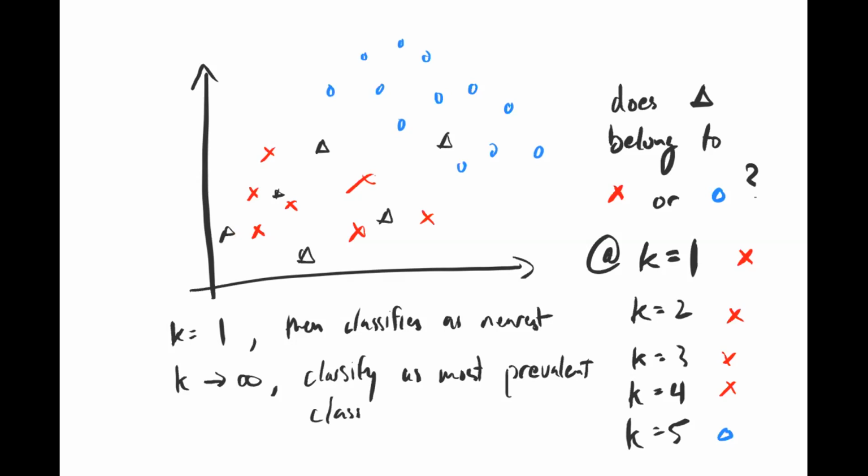Okay, and so how do we choose k? Can anyone venture a guess as to how you might select k in a robust manner? I'll give you a hint. We've been doing this for lots of different models now.